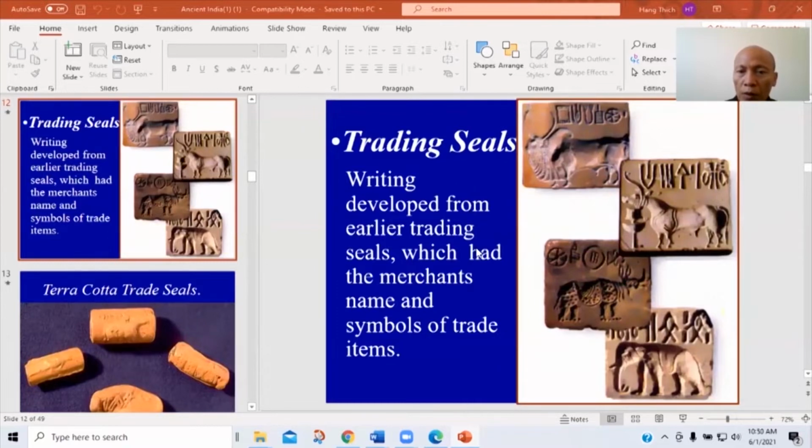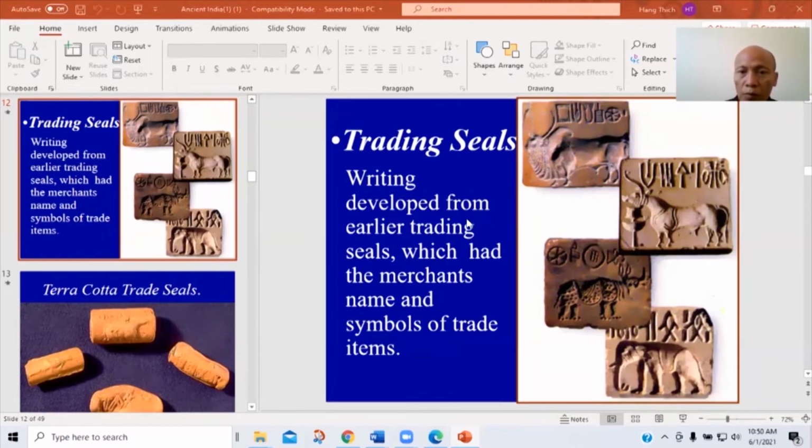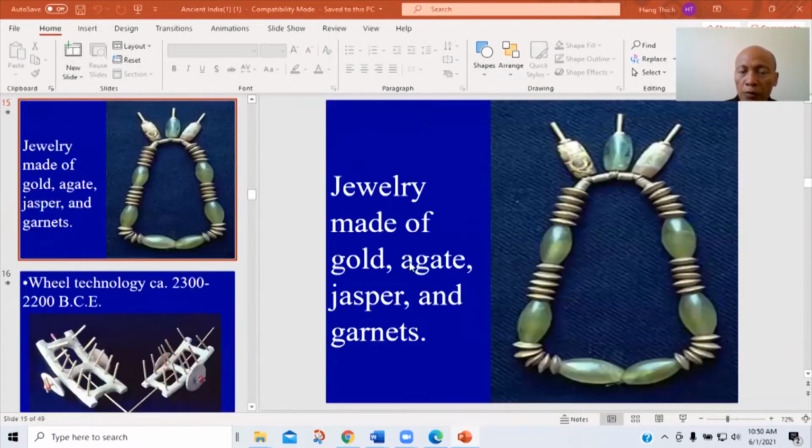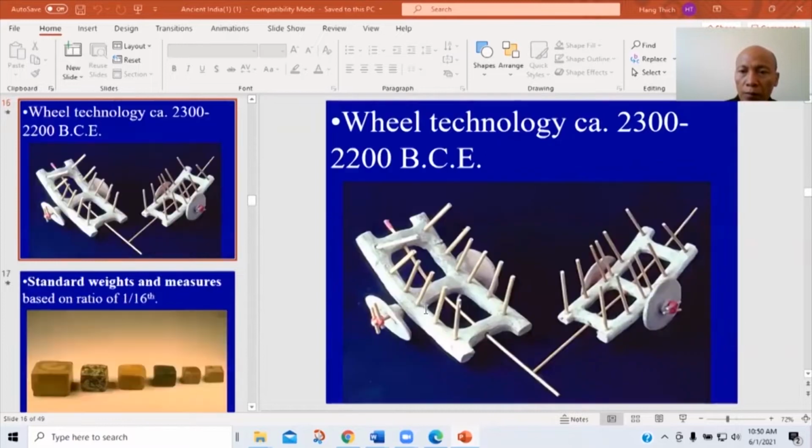Writing developed from early trading seals, which had the merchant's name and the symbol of trade items, like this here. You can see those samples, and here they have peaceful items like toys and jewelry: a toy cow with a moveable head, and jewelry made of gold, carnelian, jasper, and garnet.